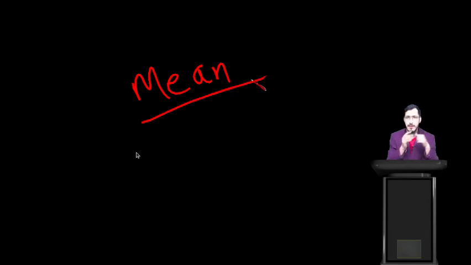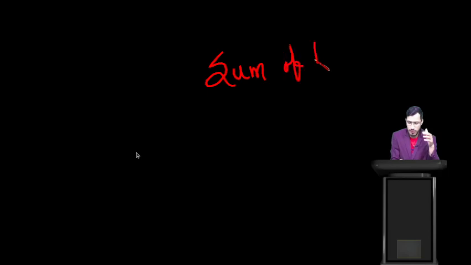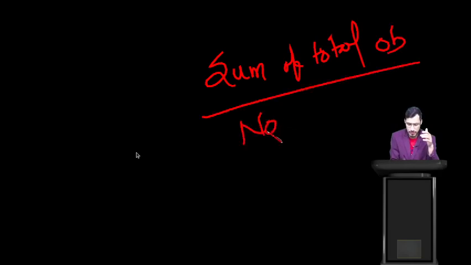So students, let's recall what we have learned in previous classes. Can you tell me what is the basic formula for mean? Yes, correct. It is the sum of total observations divided by the number of observations.